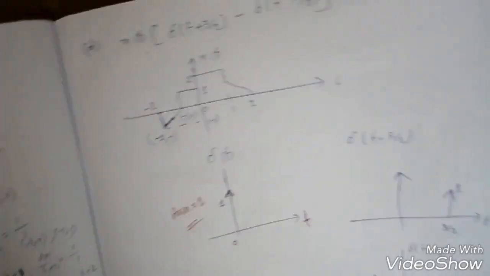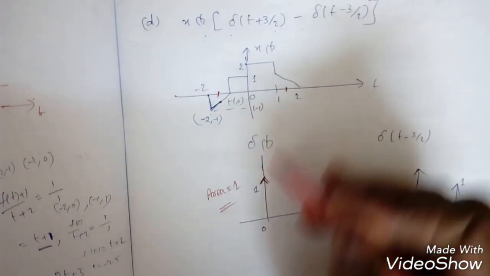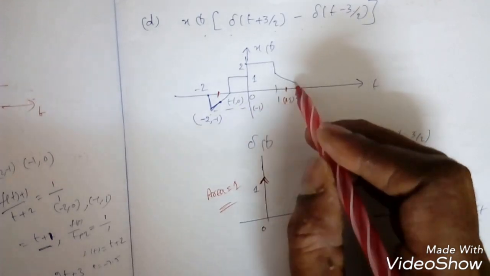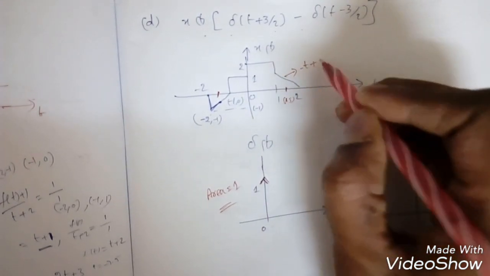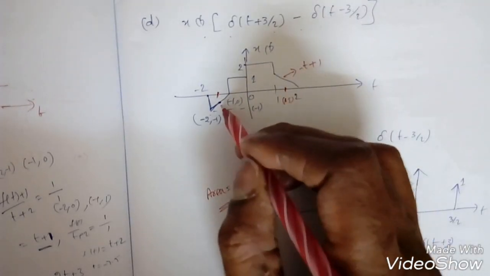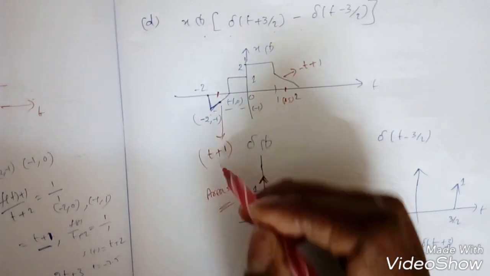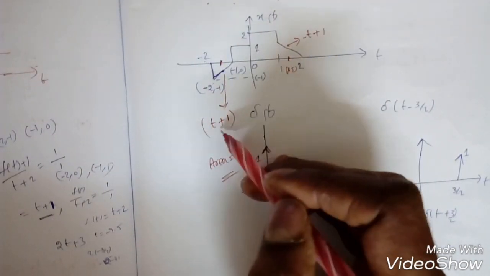Now if you see this, what is this at minus 1.5 and this is 1.5, right? We already found this expression, it is t plus 1 and this expression is minus t plus 2.